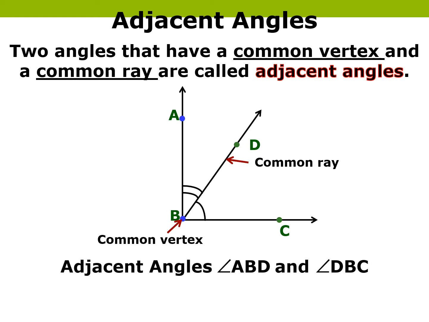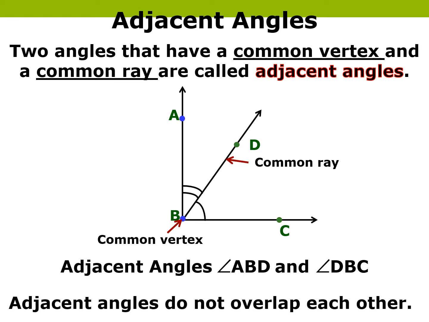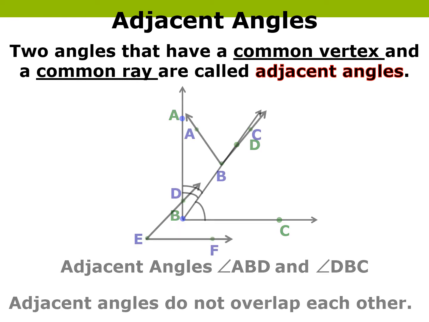The adjacent angles are angle ABD and angle DBC. So the common vertex is B and the common ray is BD. Okay? So adjacent angles do not overlap each other. So remember that. They are just beside each other.